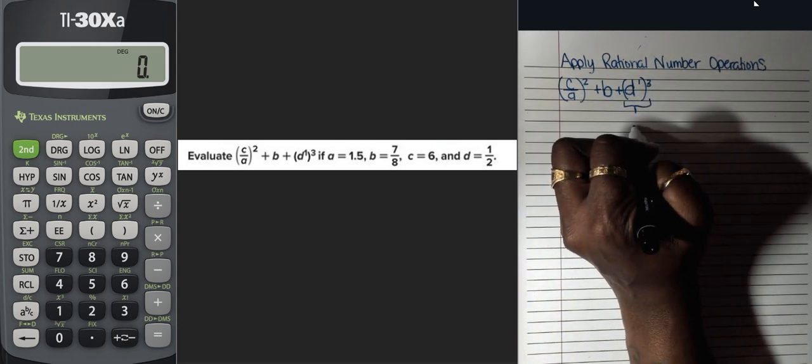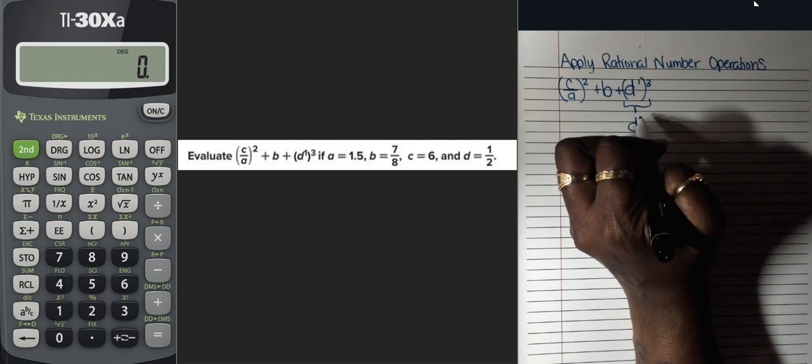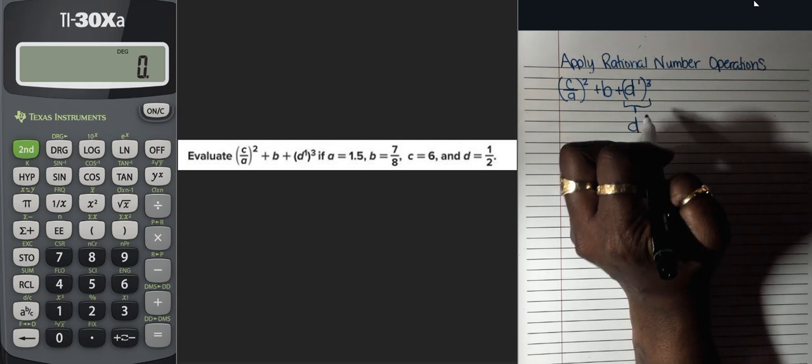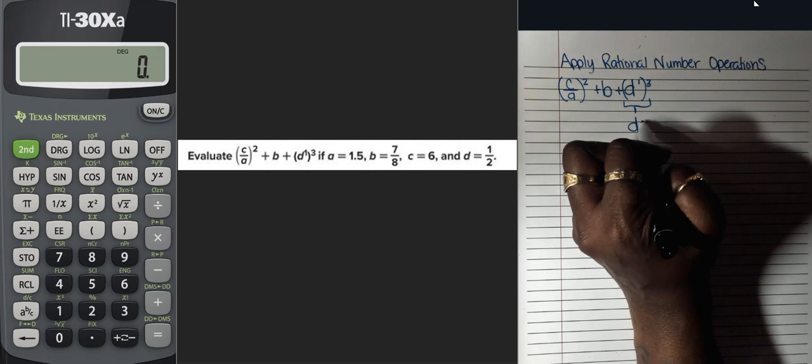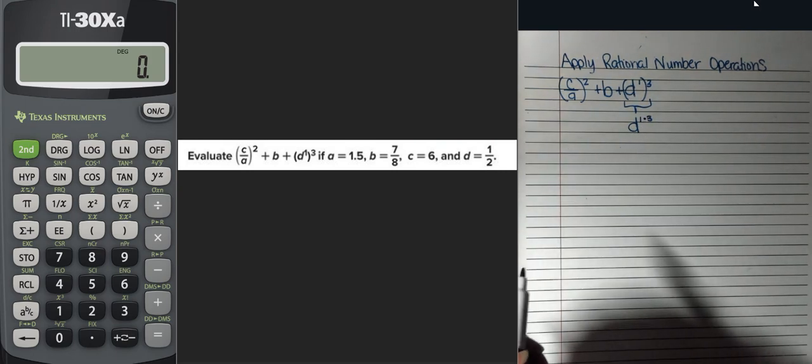So what we have is D. Remember where we looked at exponents and we're talking about powers of powers. Remember that we can take the power that we see here. So it's one that's being raised to another power and we can multiply those. Okay.